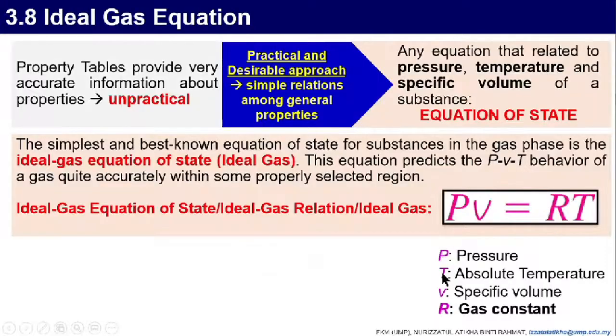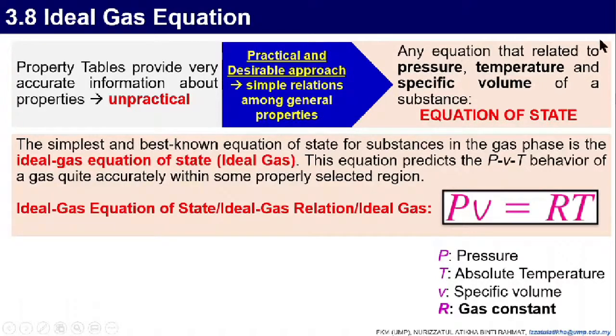Okay, now subtopic 3.8, ideal gas equation. Property tables provide very accurate information about properties. However, it is impractical. So we want a practical and desirable approach with simple relations among properties.